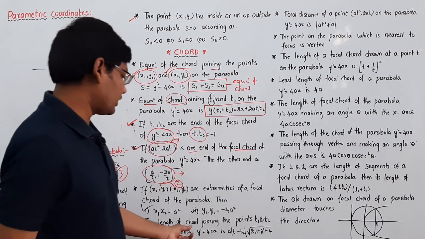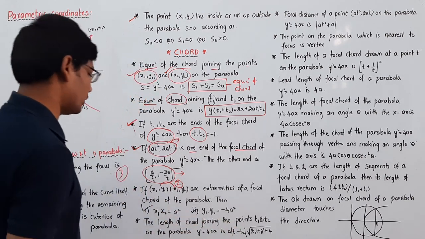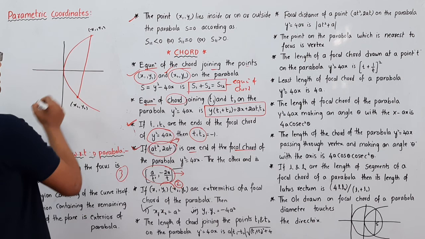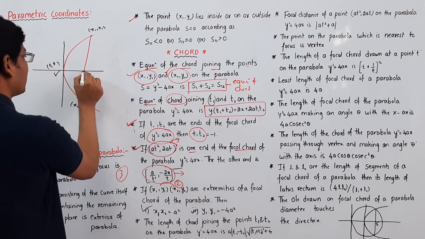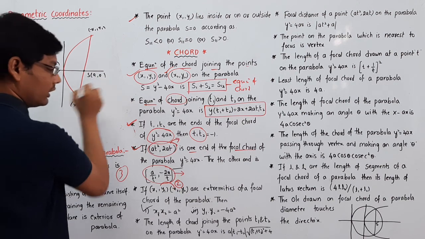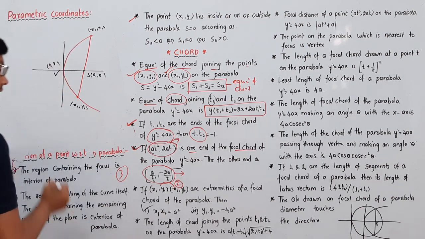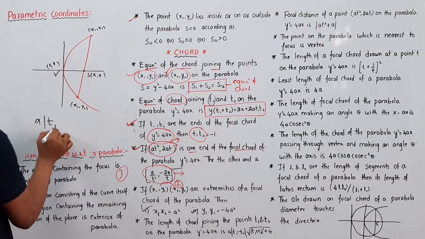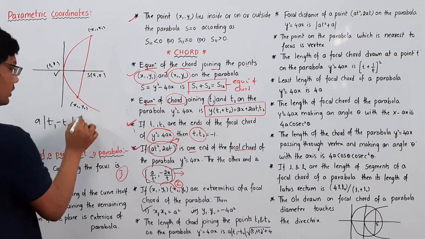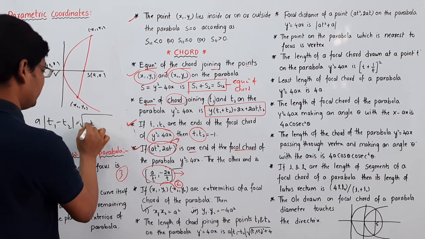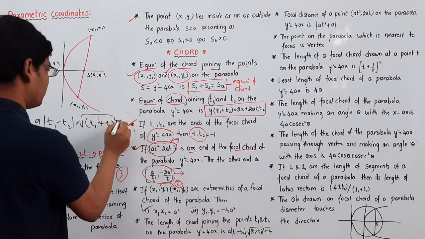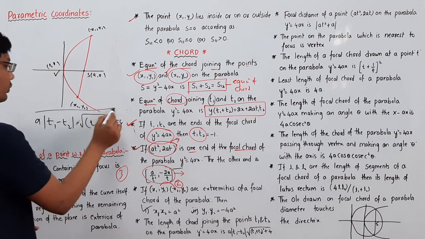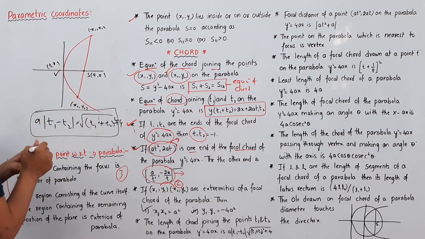So the length of the chord joining the points t1 and t2 on the standard parabola with vertex V at 0 comma 0 and focus S at a comma 0 is a times modulus of t1 minus t2 times the square root of (t1 plus t2) whole square plus 4. This is the expression to find the length of the chord.